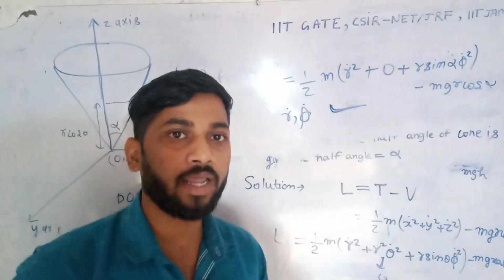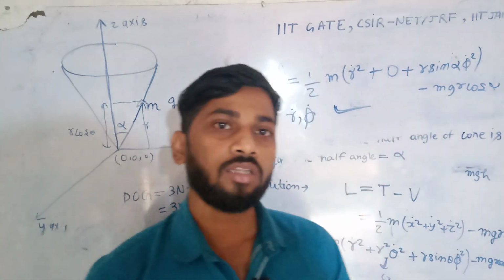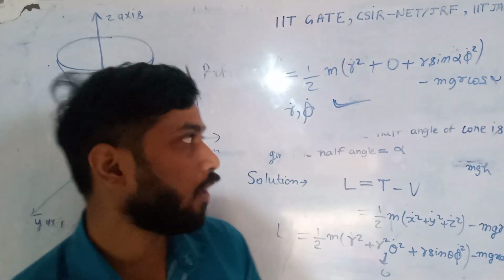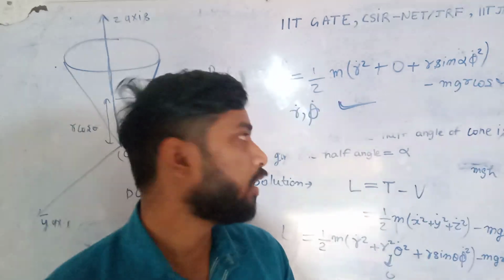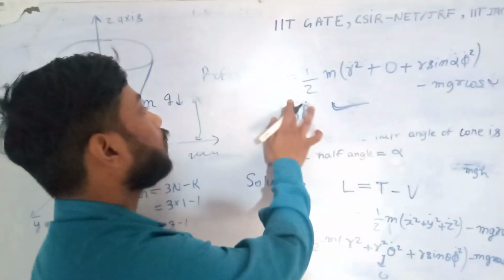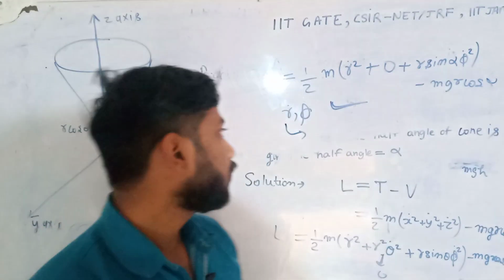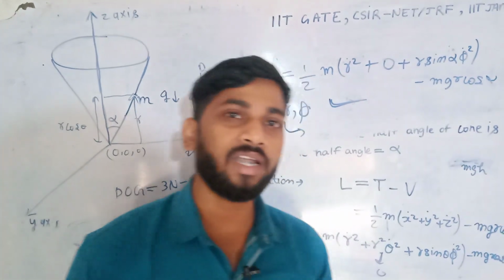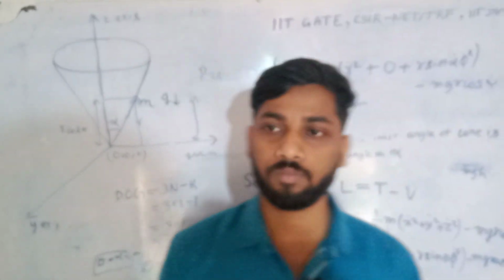This is our answer, and in the next video I will discuss the equation of motion of this Lagrangian, and we will also check whether r or phi is a cyclic coordinate, and find the equation of motion.